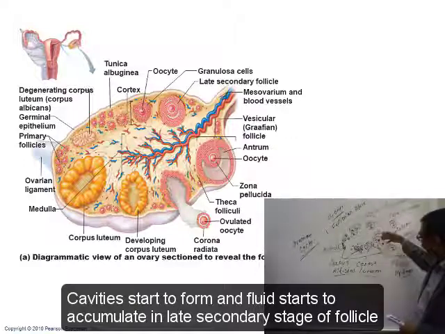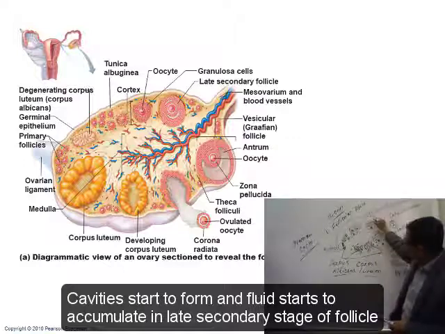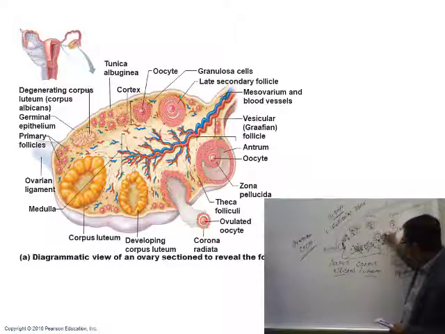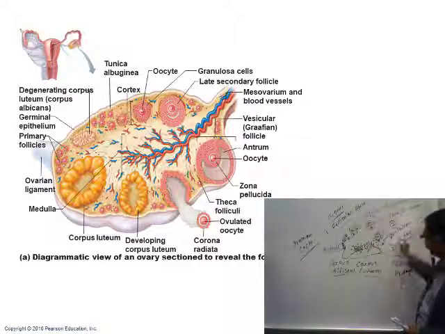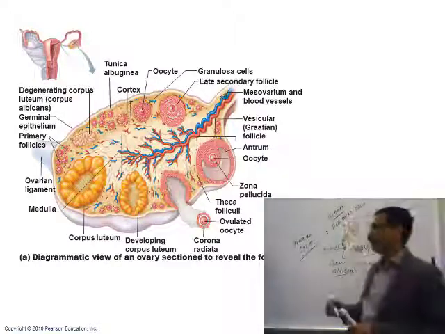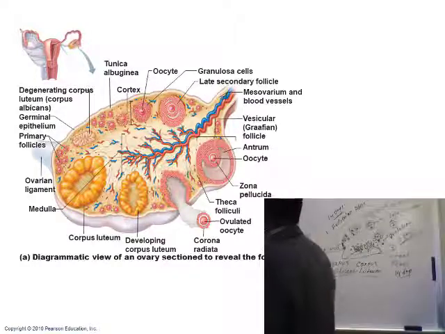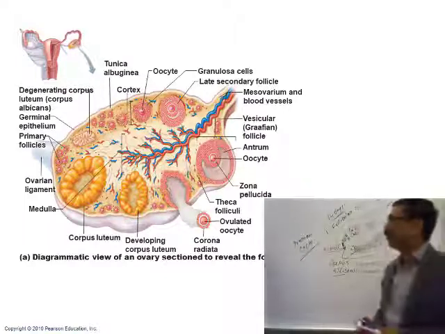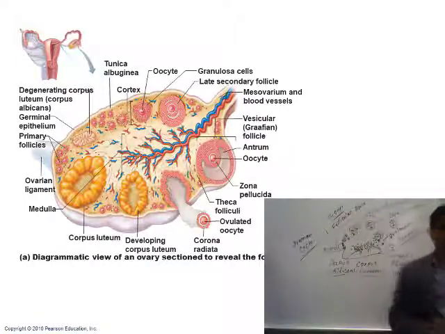And then what happens next? Those cavities join together to form a large cavity, and this large cavity is now filled with fluid, and this is the most mature stage, that is called the Graafian follicle stage, also called vesicular follicle.